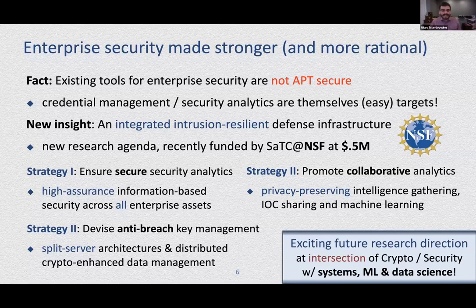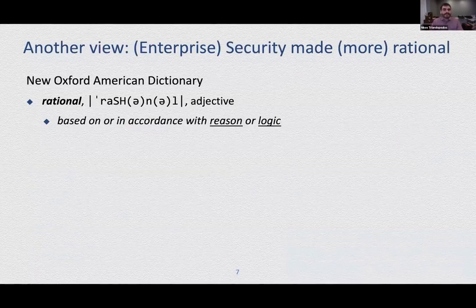I note here that this is also exciting for me personally, because this is one example of the very fascinating and exciting intersection research area that is in the intersection of cryptography or security and machine learning and data science.